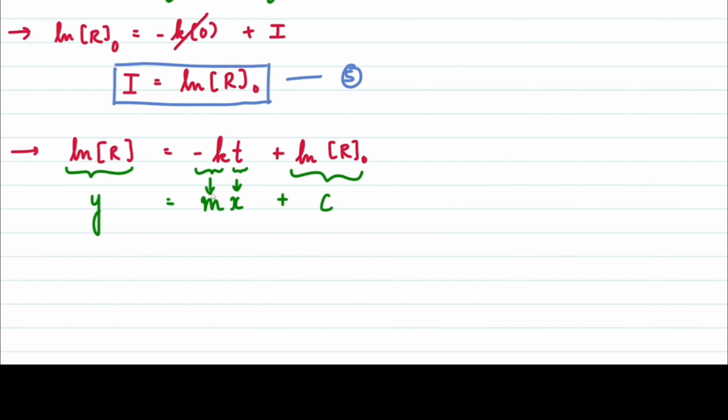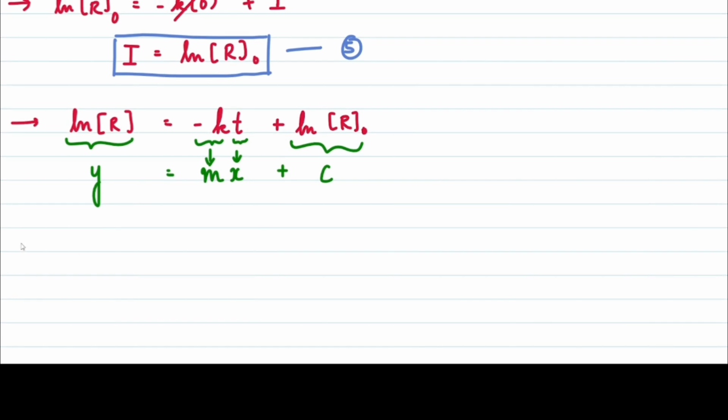Okay, now let's proceed. What I'm going to do now is take this ln r naught to the other side. So what will I get? ln r minus ln r naught is equal to minus kt.